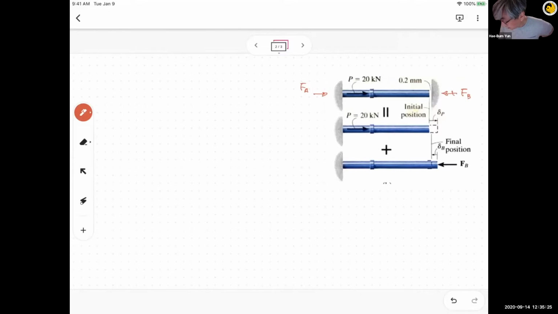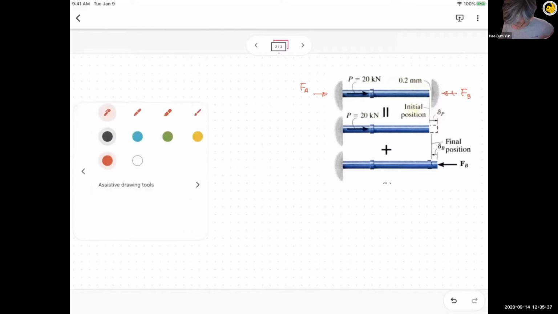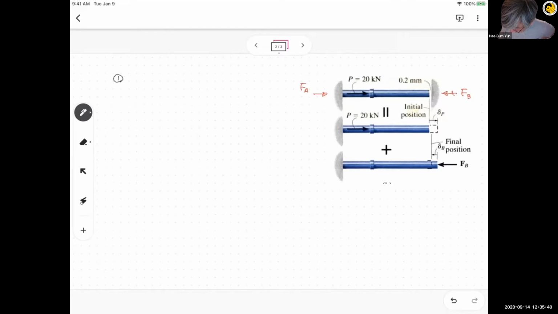But having this compatibility equation, we can solve the problem. The first step is statical equilibrium. We know that.